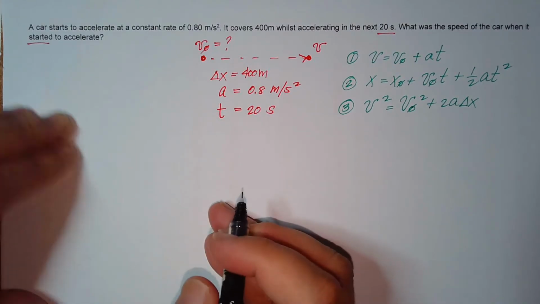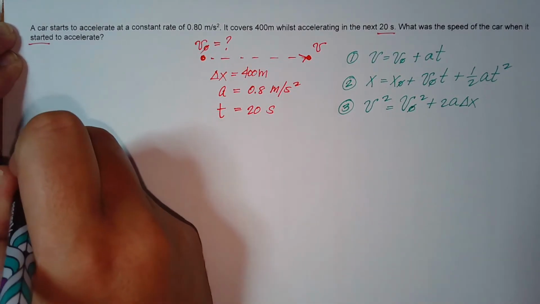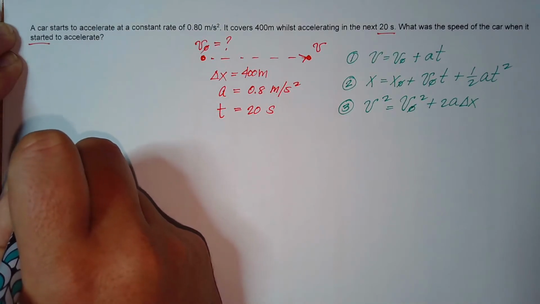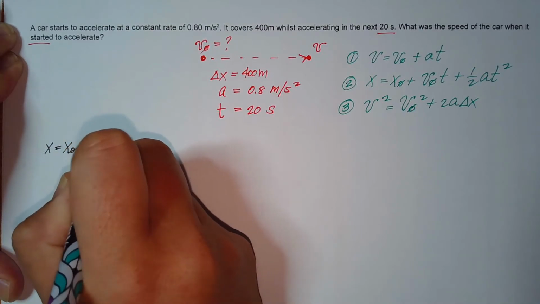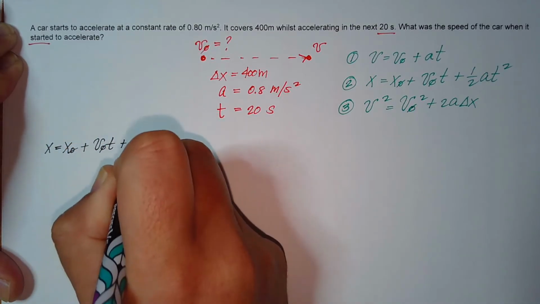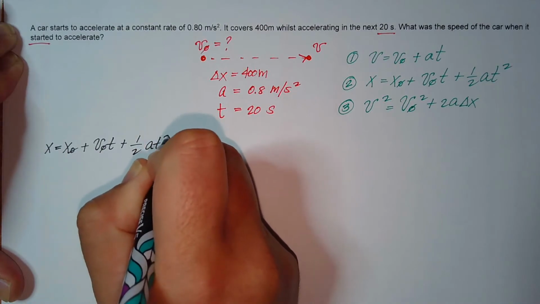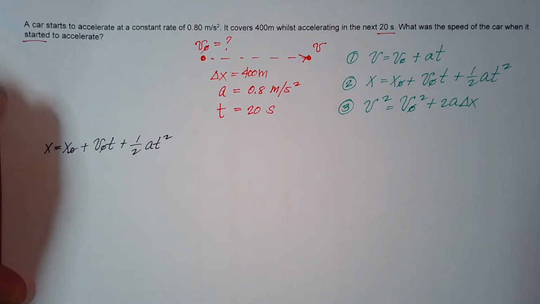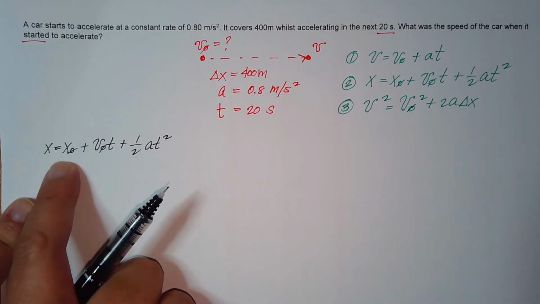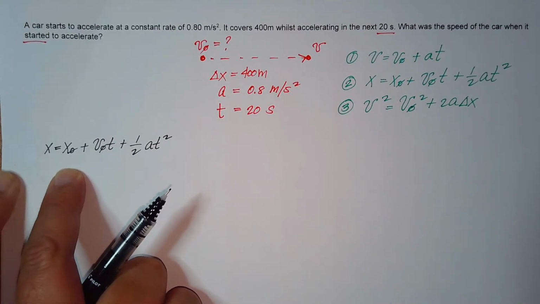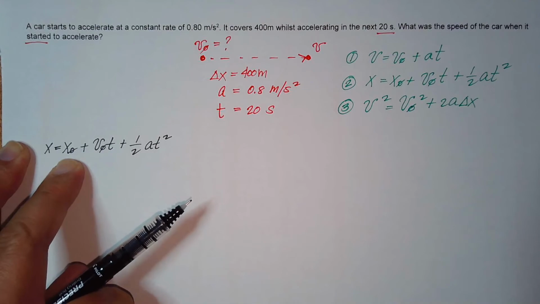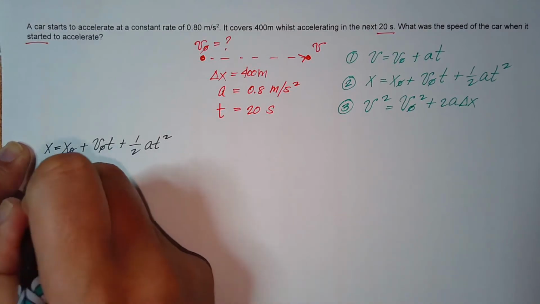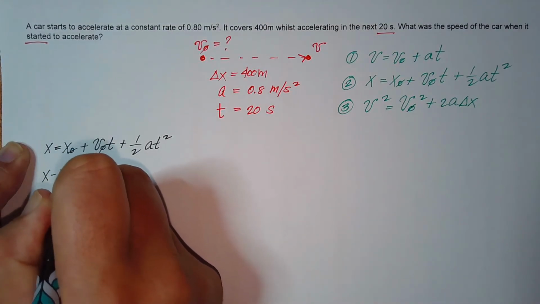Let me rewrite my second equation here at the bottom: x equals x naught plus v naught t plus 1/2 a t squared. I notice that x and x naught are not on the same side of the equation, so it will be better to combine them on the same side. I'm going to move x naught to the other side, which gives me x minus x naught.